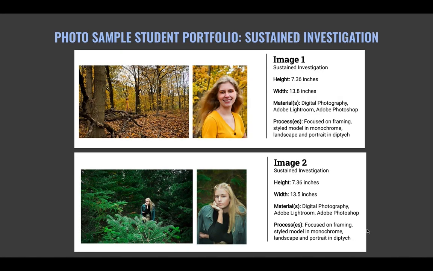Okay, here is another student example. The last was a digital painter. This is a photography student. And so her work was a series of diptychs of 2 photos composited together side by side. You can see again her height, width, materials, and processes.